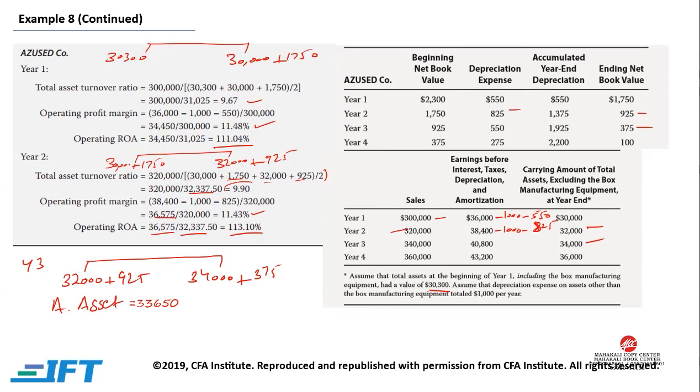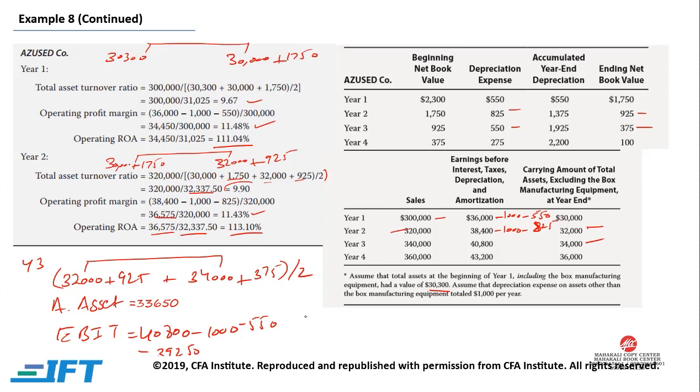So we get 33,650. We add them up and divide this by 2. Your EBIT would be 40,800 minus 1,000 minus 550.